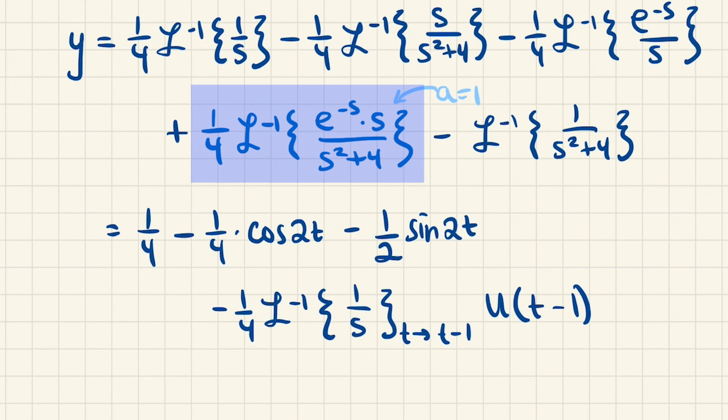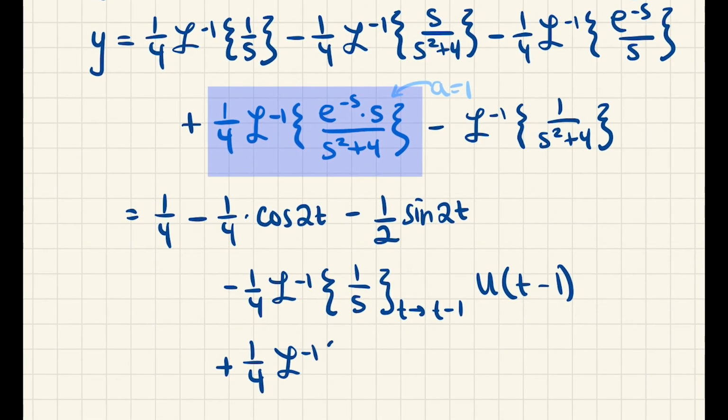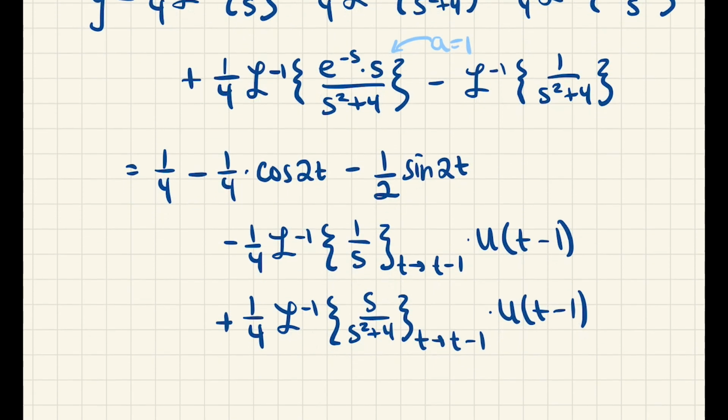And the other one, same kind of thing, right? So we're going to have plus 1/4 inverse Laplace of s over s squared plus 4, with t replaced by t minus 1 when we're finished. And that's also multiplied by the unit step function at t minus 1. Okay, so what do we have here?